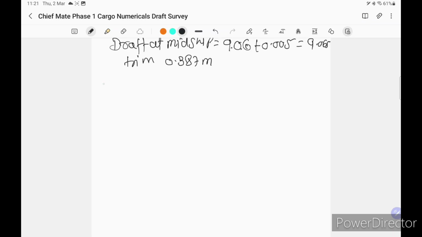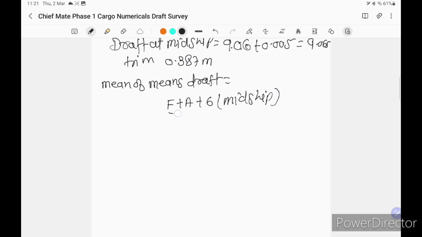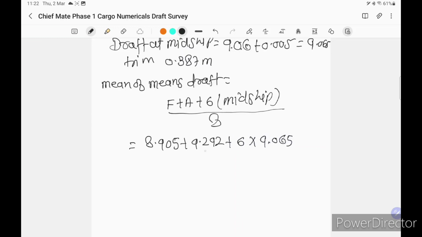Now we have to calculate mean draft. The formula is forward plus aft plus 6 into midship, divided by 8. So forward draft is 8.905 plus 9.292 plus 6 into 9.065, divided by 8.